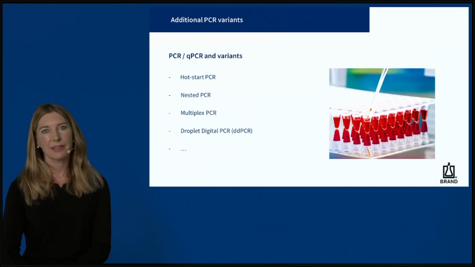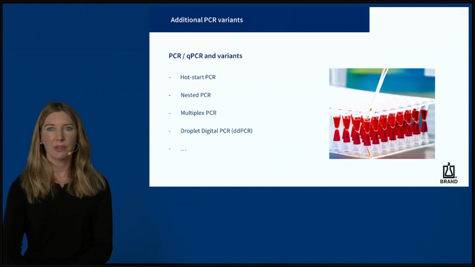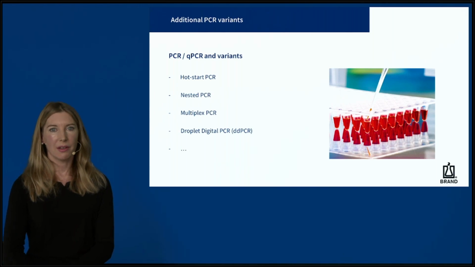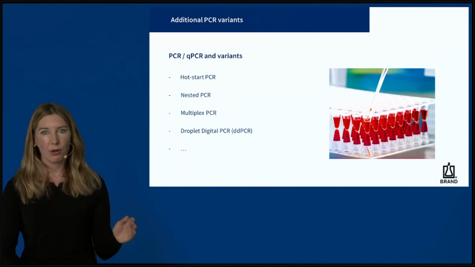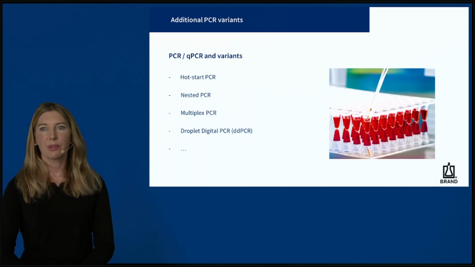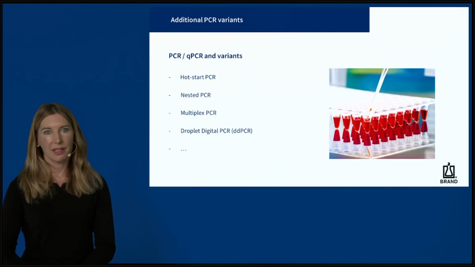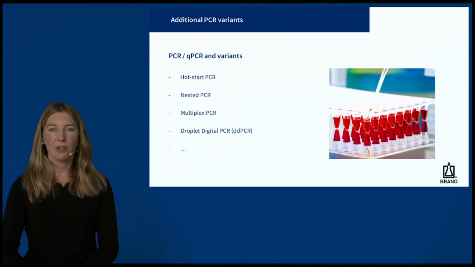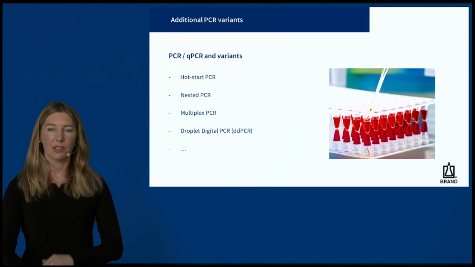Another variant is the nested PCR, which includes consecutive PCR reactions of 25 cycles. The first PCR uses primers external to the sequence of interest. The second PCR uses the product of the first PCR in conjunction with one or more nested primers to amplify the sequence within the region flanked by the first set of primers.